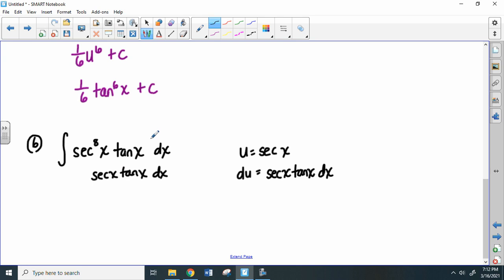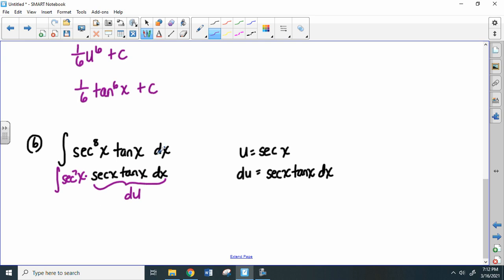One of those secants times tangent times dx, all of that is du. So what does that leave for the rest? If I used one of the secants, then I technically only have secant to the 7th left.